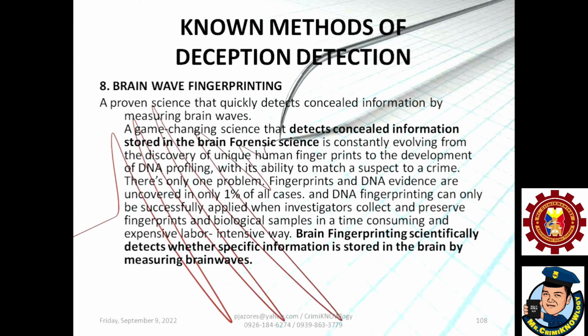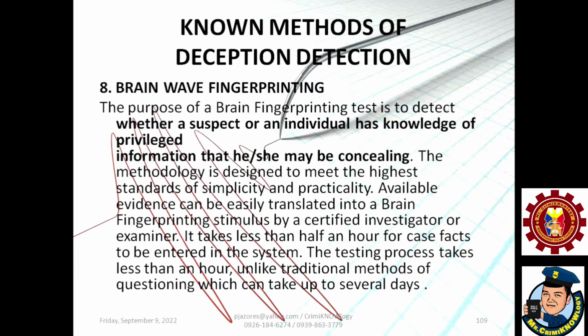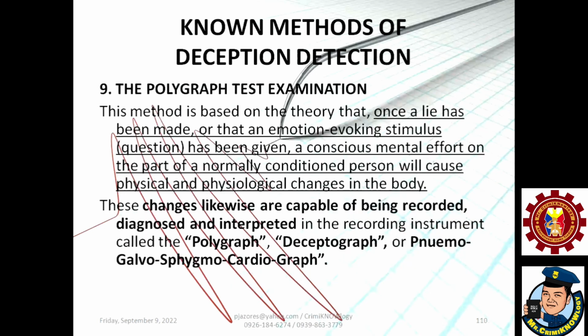Brainwave fingerprinting scientifically detects whether specific information is stored in the brain by measuring the brain waves. The purpose of this examination is to detect whether a suspect or an individual has knowledge of privileged information that he or she may be concealing. This method is based on the theory.